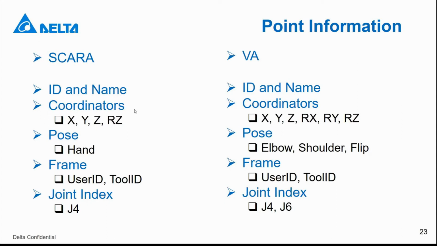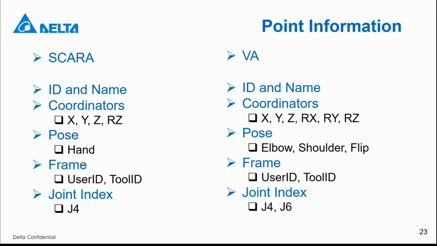But for the coordinates, we only store X, Y, Z, and RZ because SCARA only has 4 degrees of freedom. And also pose, because besides the coordinate position, the pose of the robot itself also needs to be stored. That means the arm can be on the right hand side or left hand side. We need to record it. So we also have hand information.